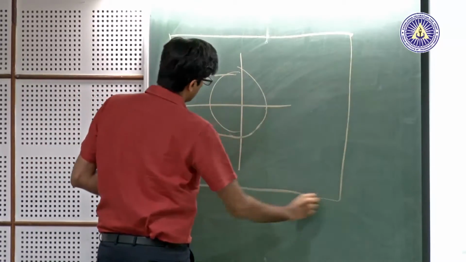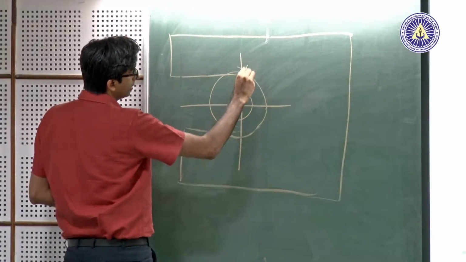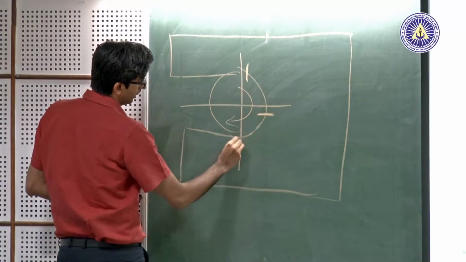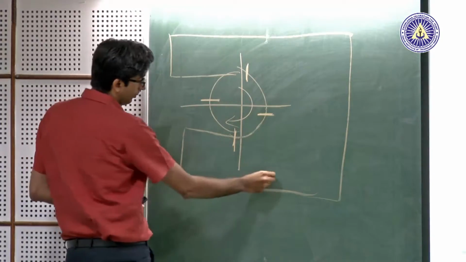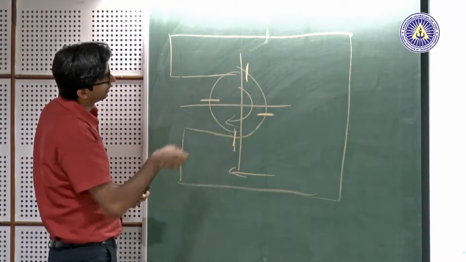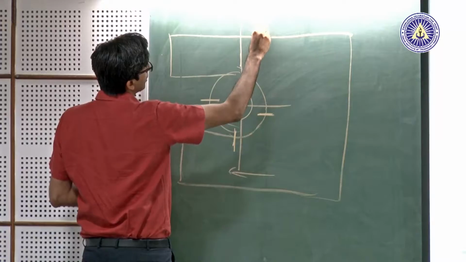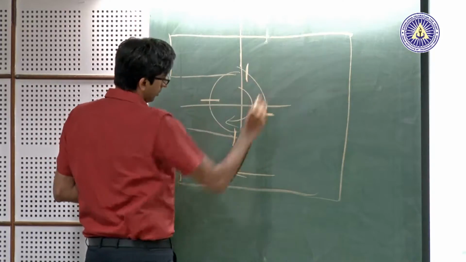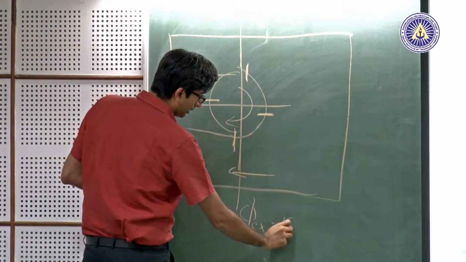This is what you've already removed. Cutter is rotating here, this is your first tooth, second, third and fourth, and you're feeding the workpiece here. So in slotting, the entry angle is 0 and the exit angle is 180 degrees.